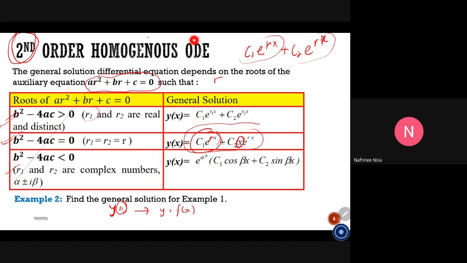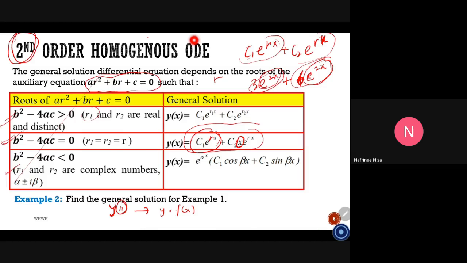Remember, linearly independent ni maknanya dia tak boleh jadi skala multiple of each other. Katakanlah you dapat 3 e to the power of 2x for example, plus dengan 6 e to the power of 2x. These two solutions are not linearly independent sebab dia skala multiple. Yang ni 3, yang ni 6, yang ni sama je.